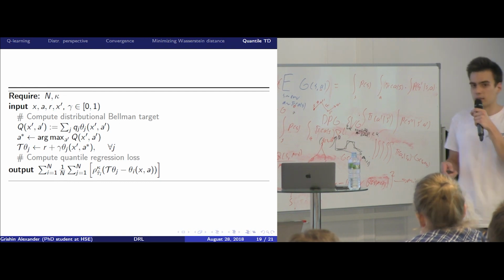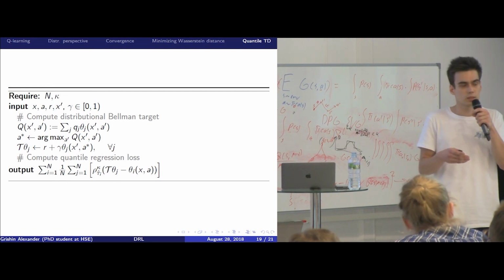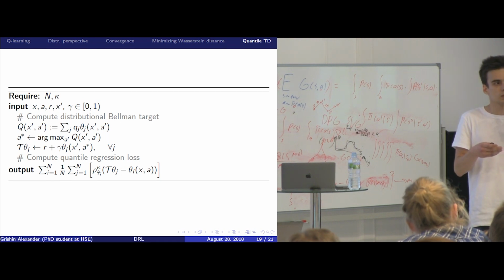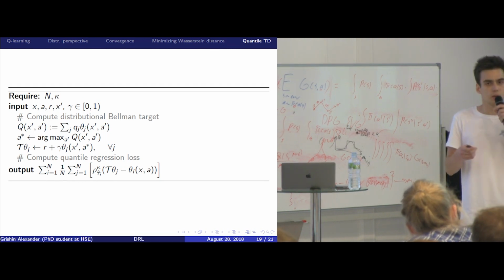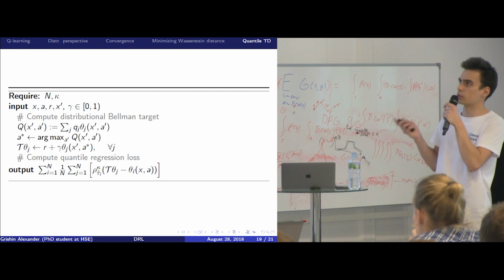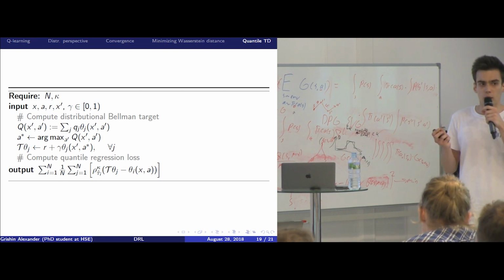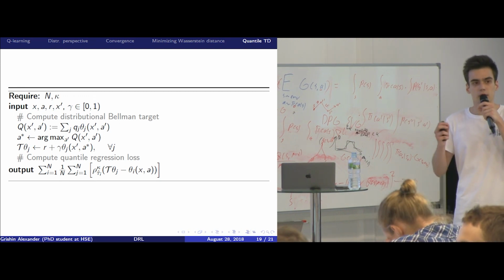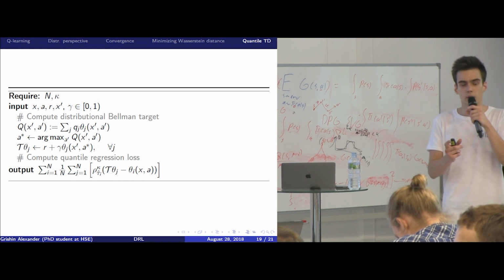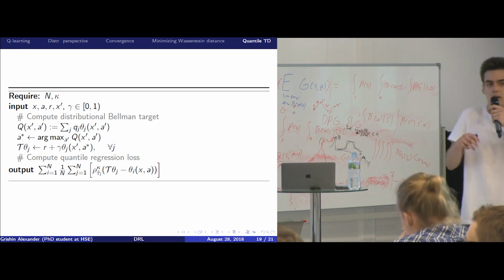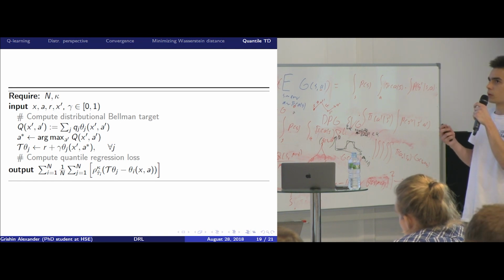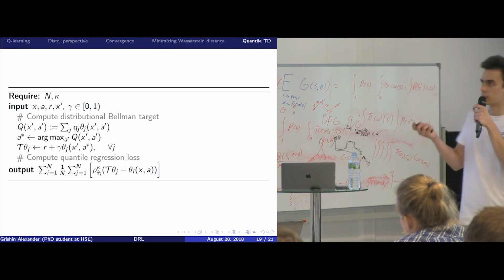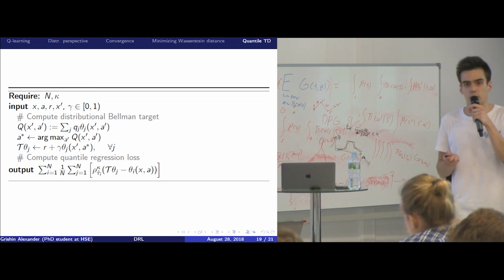But the recent results show us that this is not so simple, and the previous method, even having the theory practice gap, from time to time performs considerably better than quantile regression reinforcement learning.